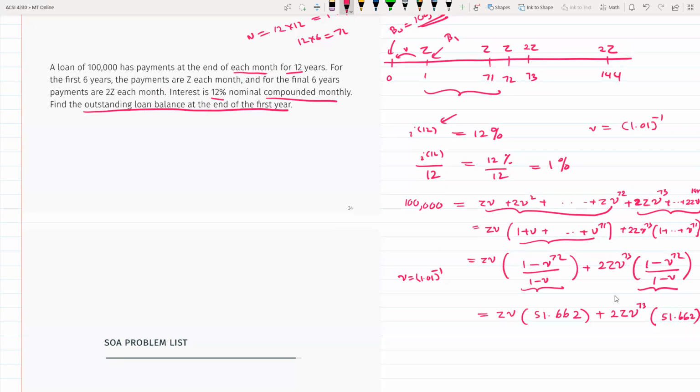51.662. If I take the Z as common factor and again use the values given, what do I get?